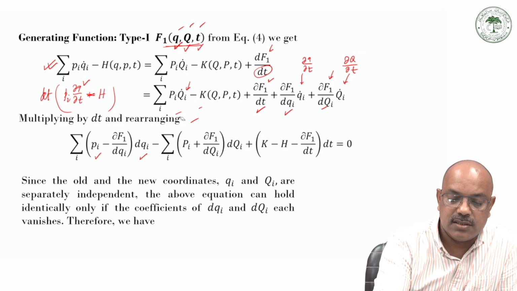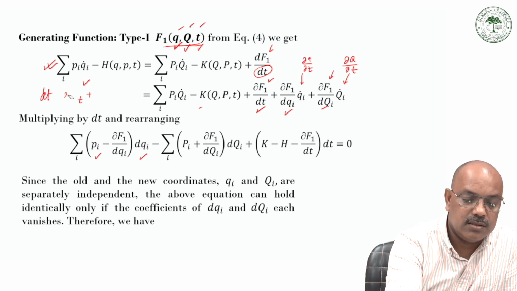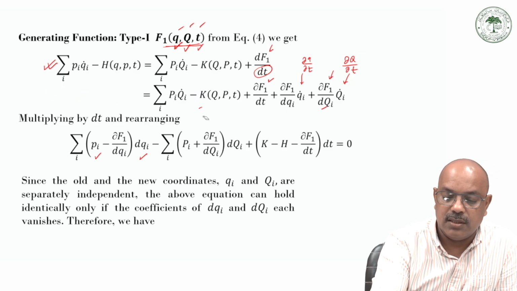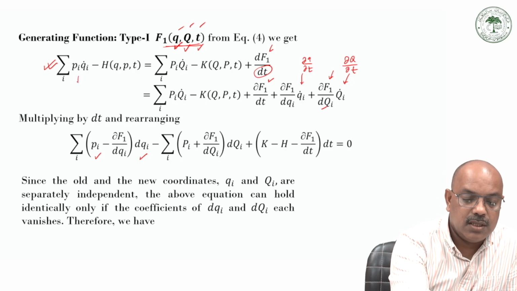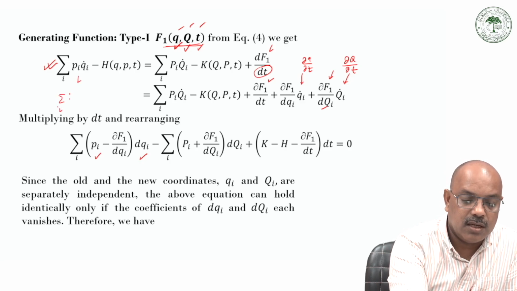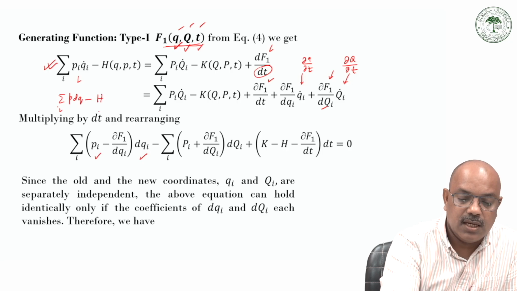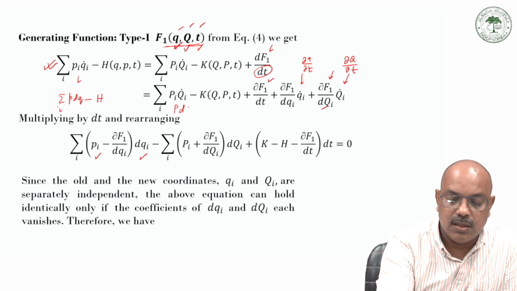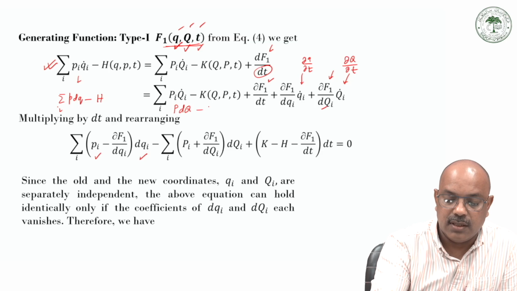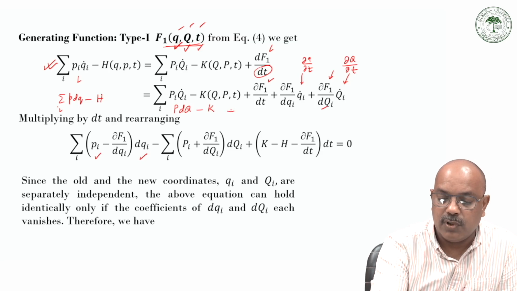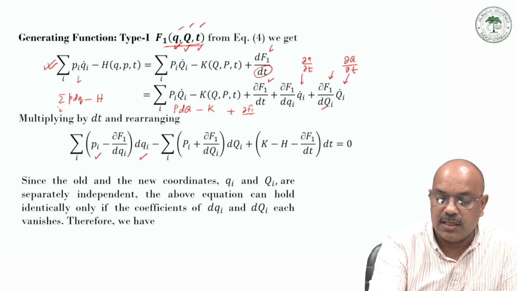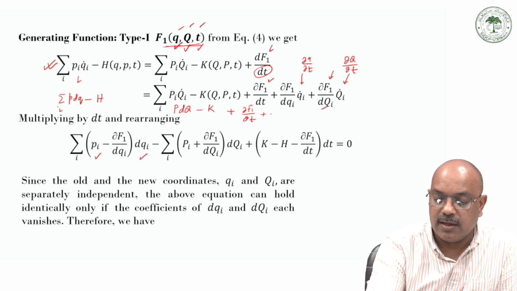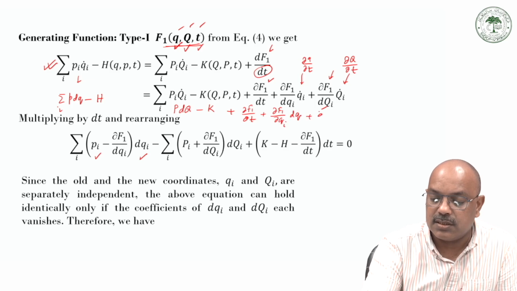So I can write these equations as, let me write this as, this term is sum over i. This is p dq minus h, and this is going to be capital P dQ, and then I have K here, and then this thing is delta f1 by delta t, and this is delta f1 by delta qi, and this is dq, plus delta f1 by delta Q, and this is dQ.